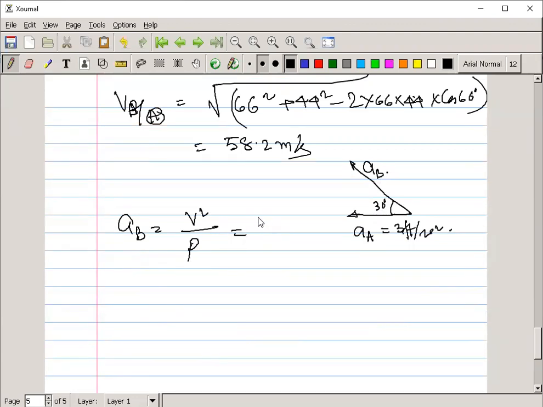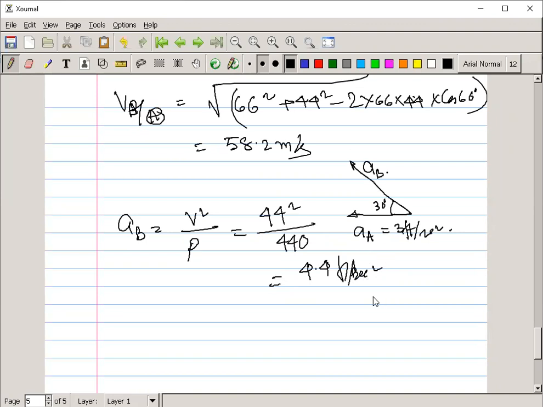So v square for car B is 44 square, and the radius of curvature of that path is 440. So we get 44 square divided by 440, which is 4.4 feet per second square, right?